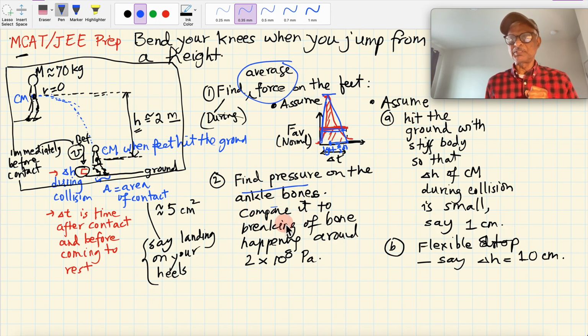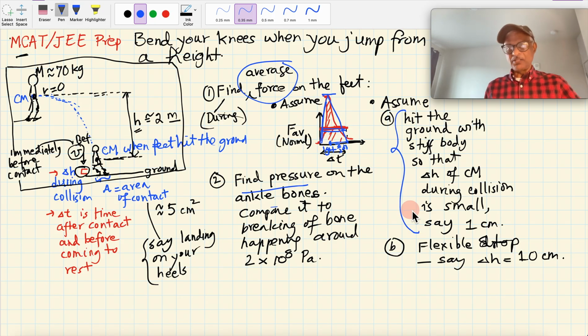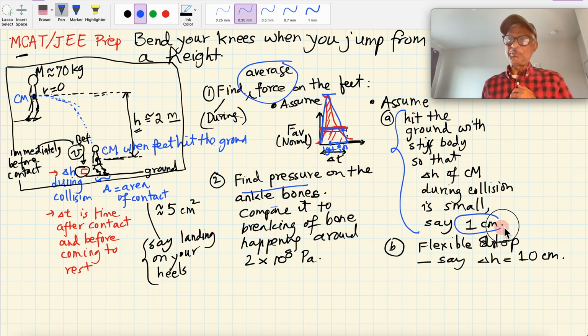Now we can do it assuming two things: that you are really stiff, you came down hard on the ground and you hardly moved during that, so you moved maybe just 1 centimeter, just teeny bits. Okay, you were so stiff. That's going to be the most pressure-causing case.